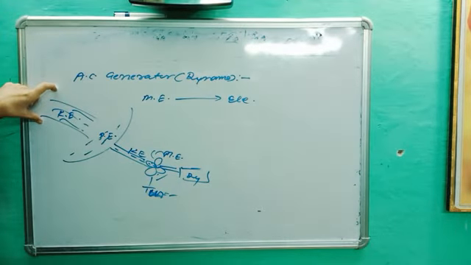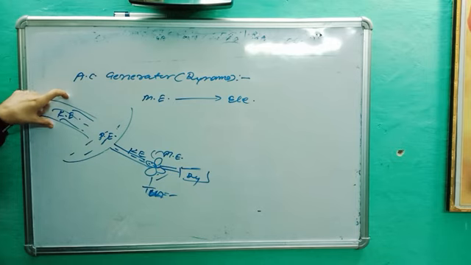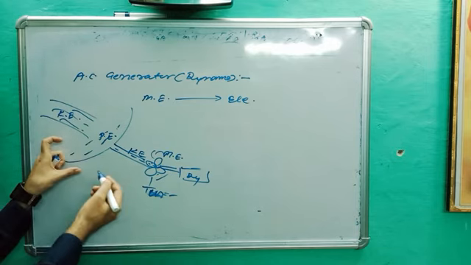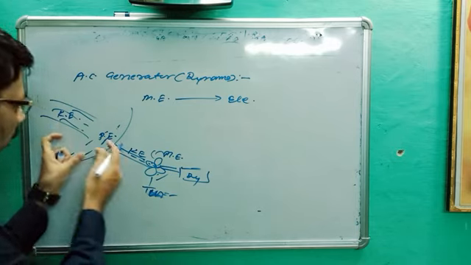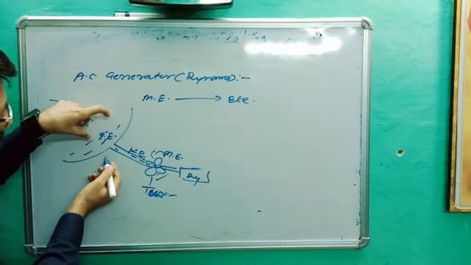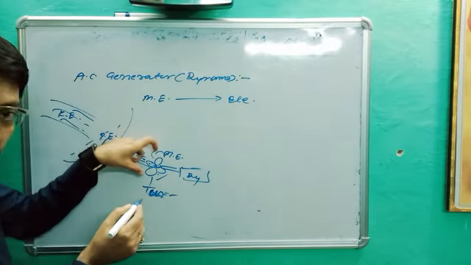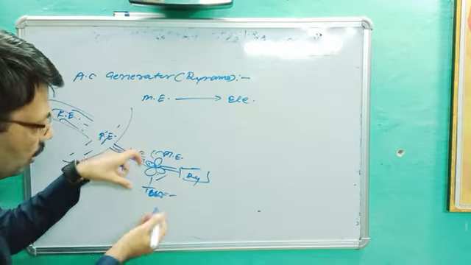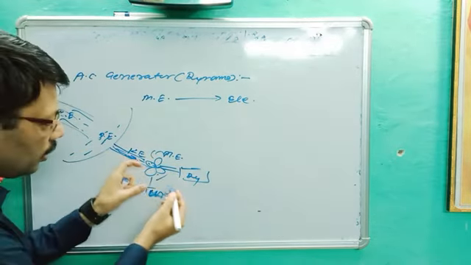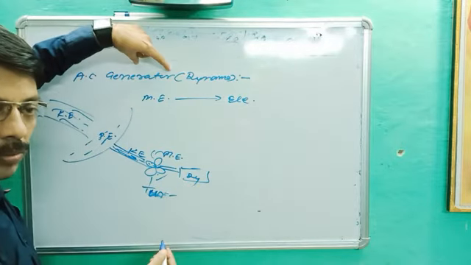The river is there, flowing water is kinetic energy. This water collected in the dam, what happens? That energy is called potential energy, and when it flows in the form of a jet and strikes the turbine, the turbine starts rotating, and here we connected the dynamo, that we are going to study today.